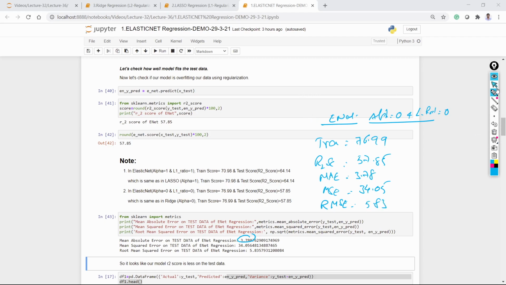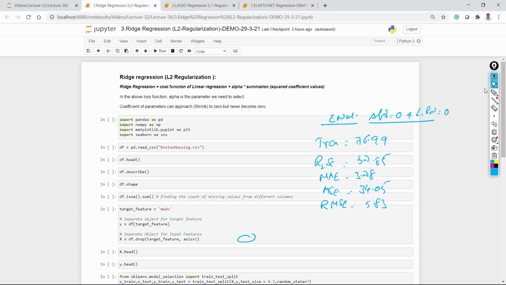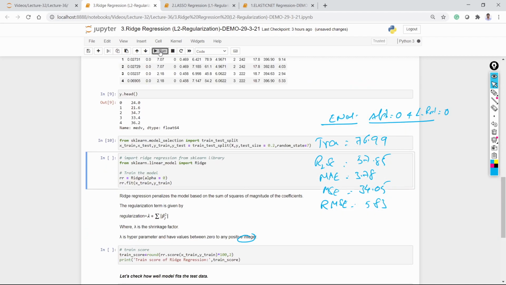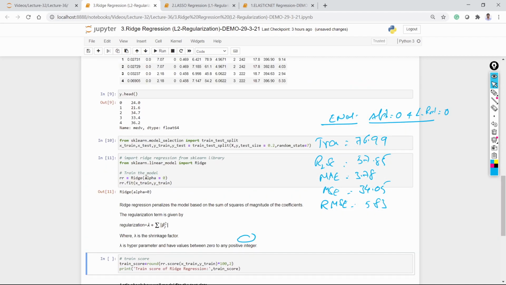If you want to apply the ridge regression, let's see, the same values you will get. Here I am passing the alpha value 0.